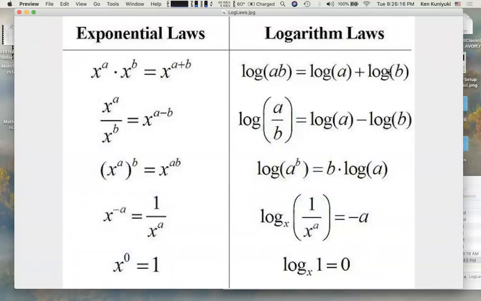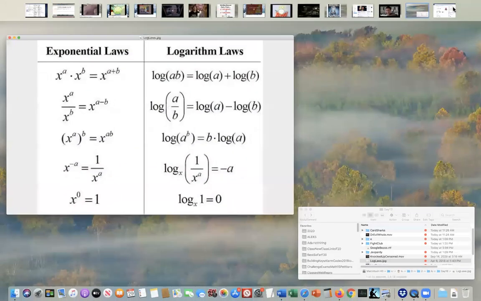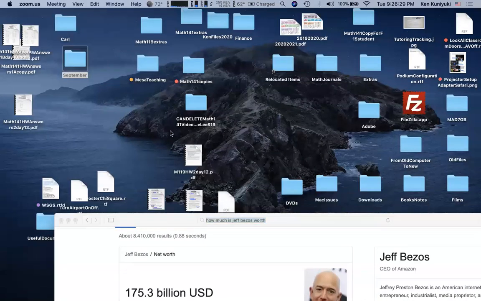Professor, I have a question. Okay, go ahead. On section 2.6, 1A, I don't understand why there are no holes.